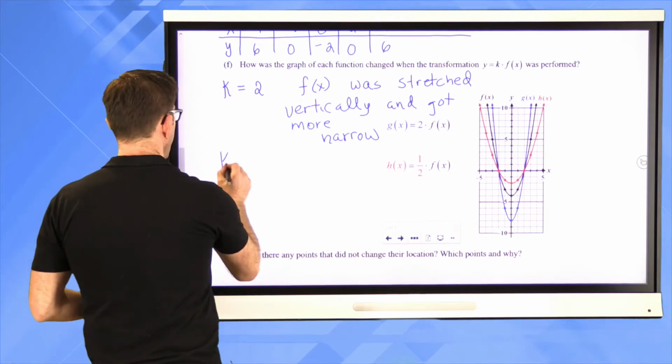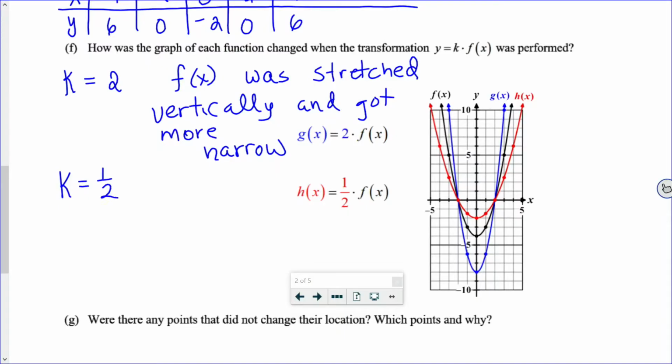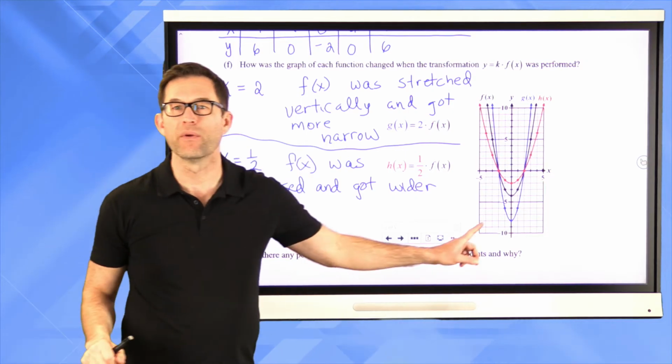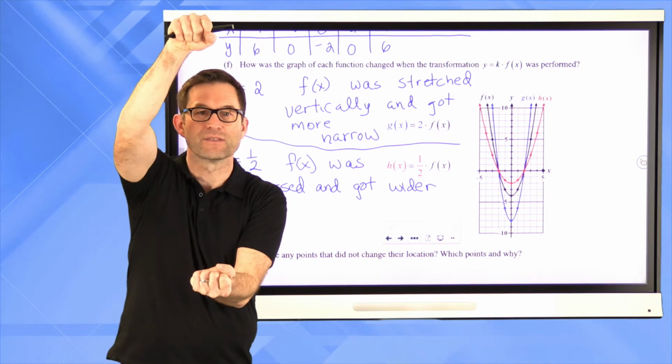On the other hand, when k was equal to 1/2, f of x was what we call compressed. And got wider, right? Again, that's where we've got this black graph and we went like this.